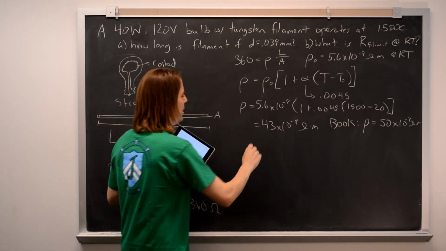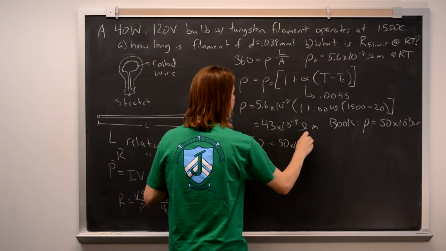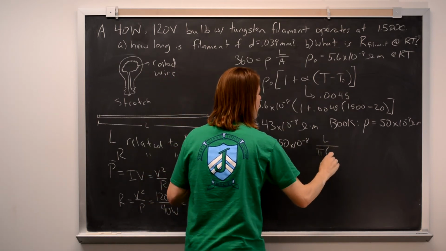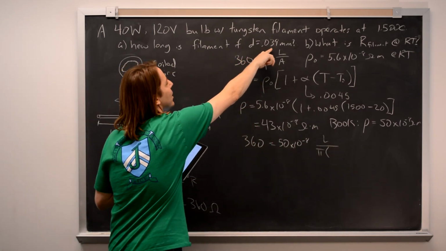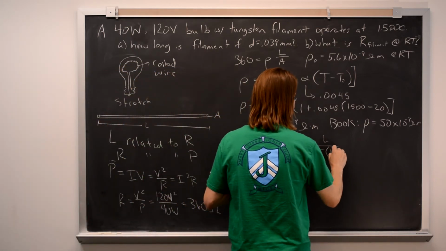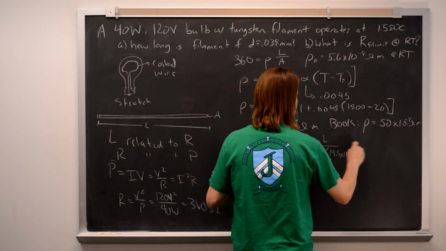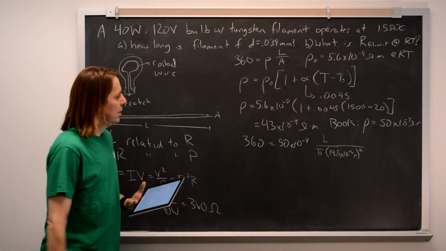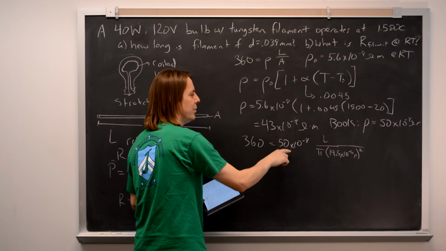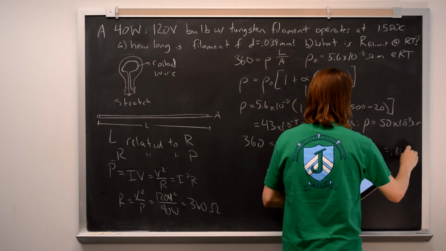But if you use that number, you say, okay, 360 equals 50 times 10 to the minus 8, we'll do it all MKS, L that you're looking for, pi, and the radius is 0.0195 millimeters, also known as 19.5 microns, times 10 to the minus 6 meters squared. All right, so 360, you multiply by this, you divide by this 50 instead of 43 for some reason, and you get L equals 0.86 meters.